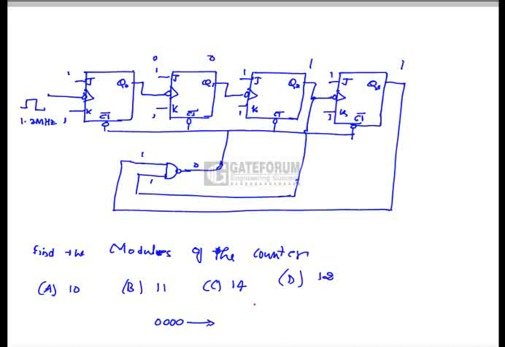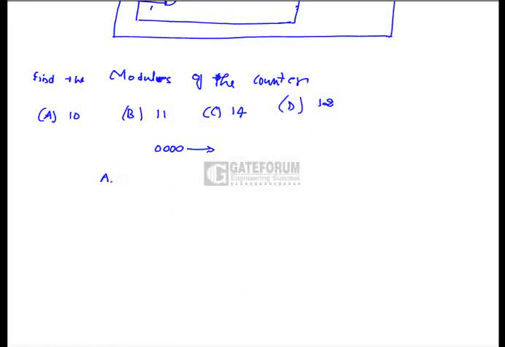The output is cleared whenever the combination Q3, Q2, Q1, Q0 is reached; for this particular combination, it is reset. So the counter counts from 0, 0, 0, 0 up to 1, 0, 1, 1, that is, 0 to 11, which means it is a mod 12 counter.